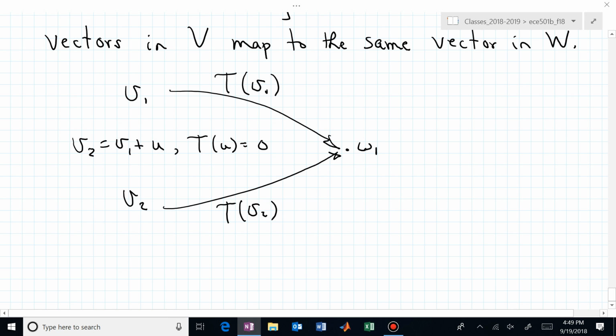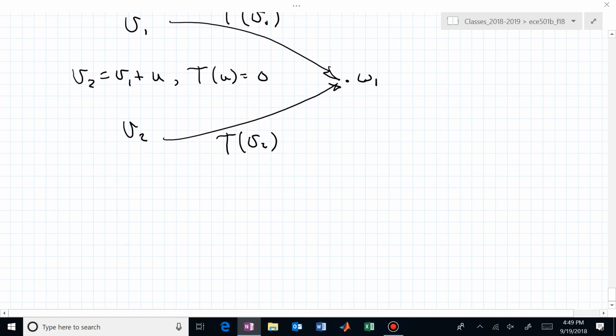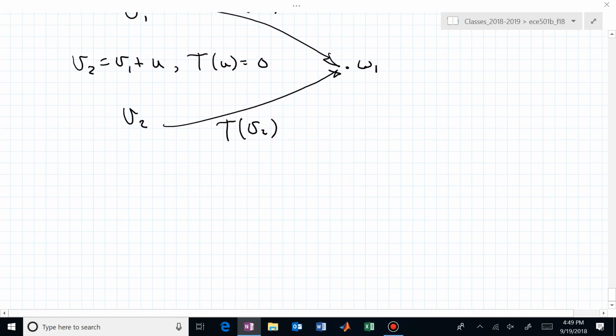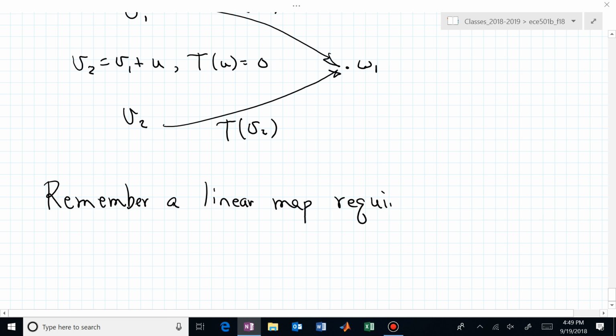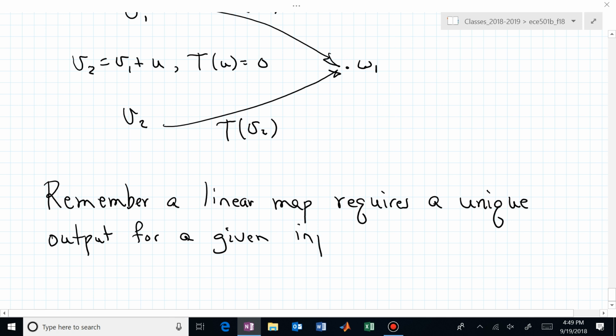How does it know? I'm going to try to write that down now, but that's what I'm trying to make you think about. So remember, a linear map requires a unique output for a given input.